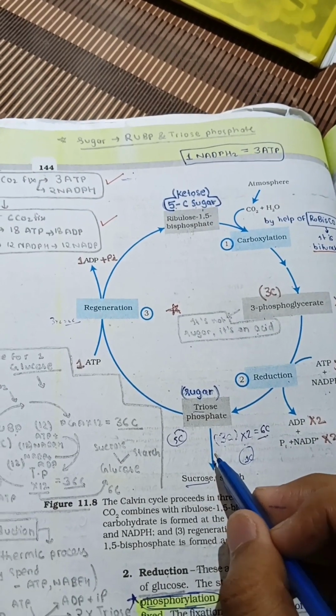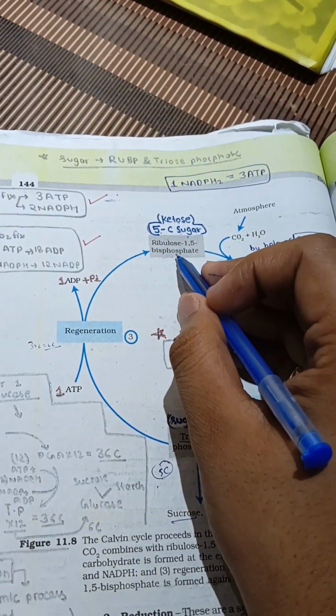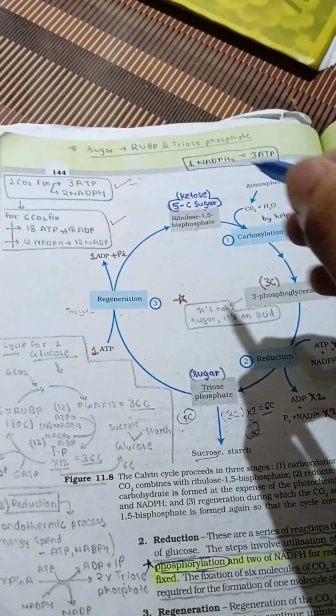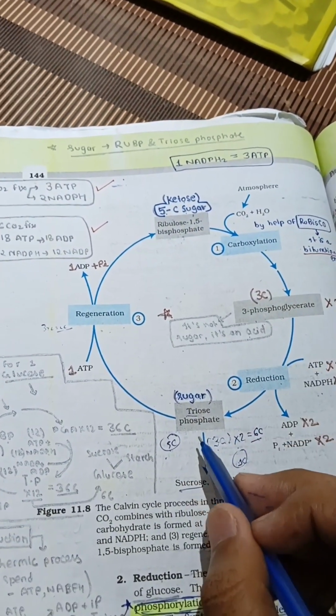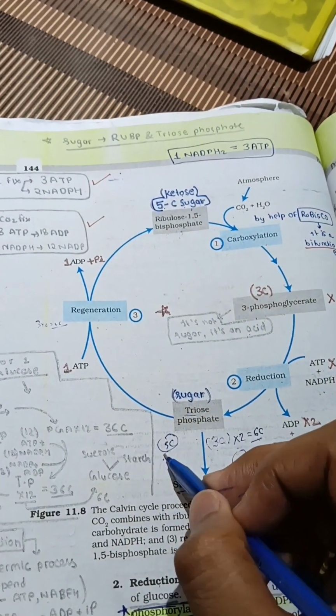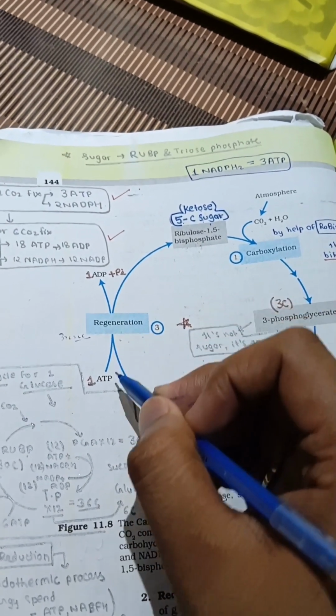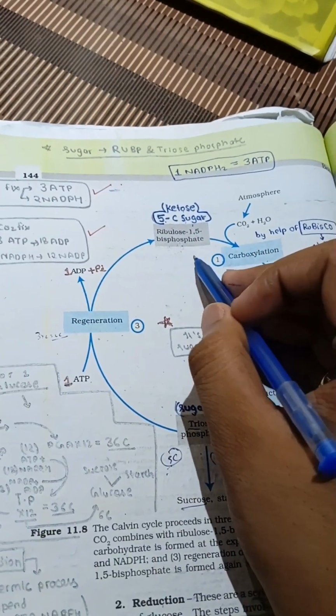So triose phosphate, which is now 5 carbon, regenerates to form RuBP itself for the cyclic process. It needs 1 ATP to form RuBP.